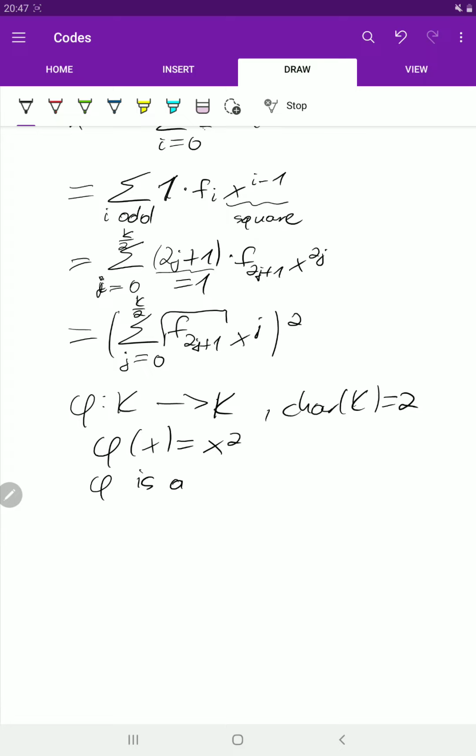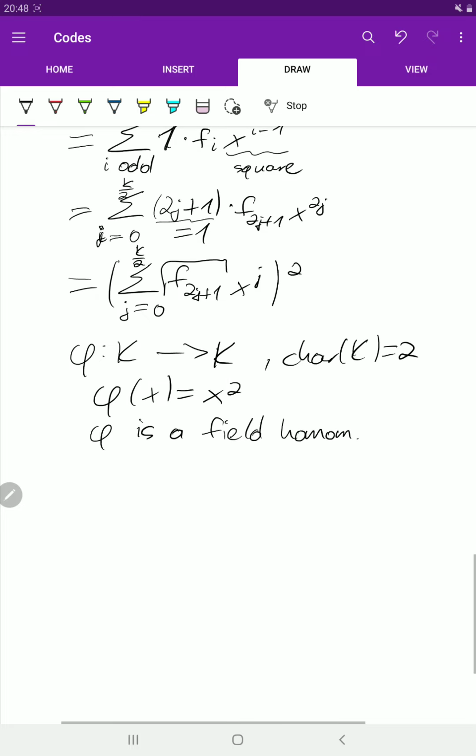Well, actually it's a field homomorphism, and then we get immediately that it's injective, or you can also check it by hand.